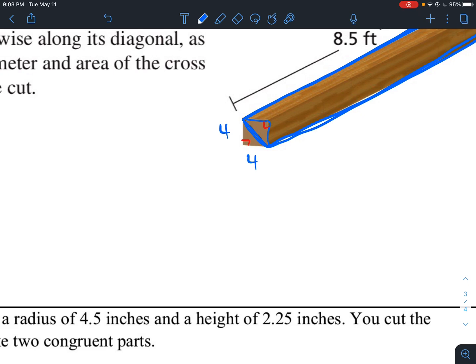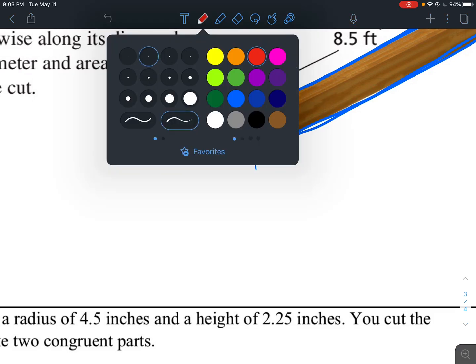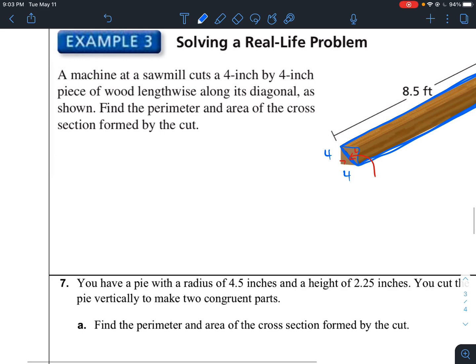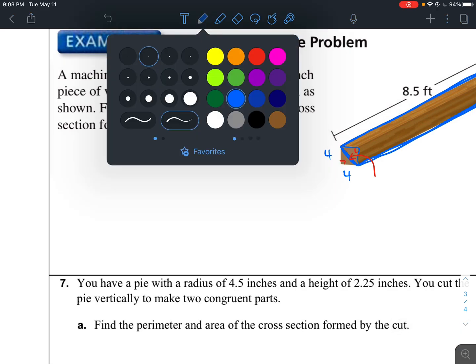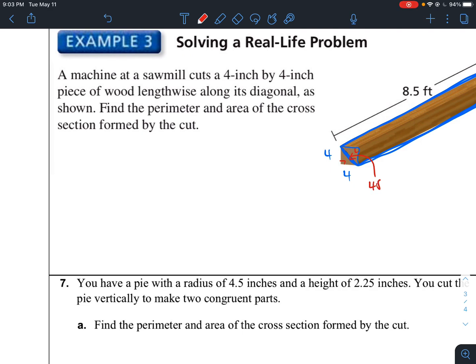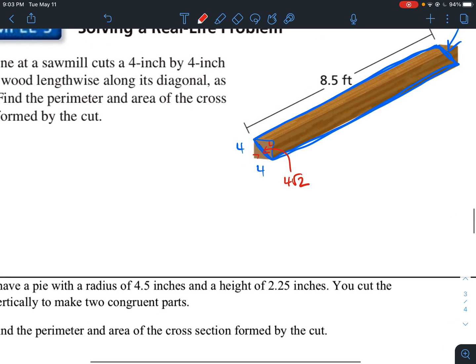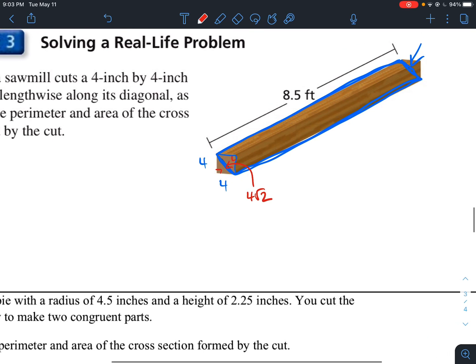So this is a 45-45-90 triangle, and a 45-45-90 triangle has the ratios of 1, 1, and square root of 2. So the hypotenuse is square root of 2 times larger than the legs. So I know that this side length right here has to be 4 times the square root of 2. So that's the length of that. You could also use the Pythagorean theorem and you can get the same thing to find the hypotenuse. Okay.